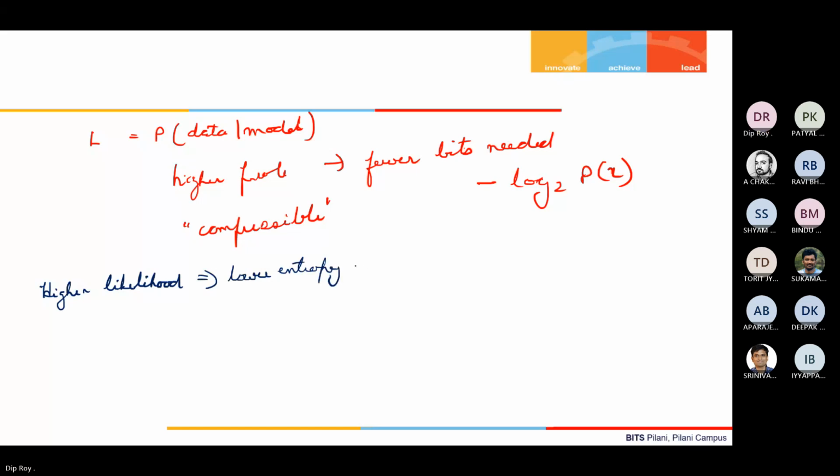Randomness is less, fewer bits, and better compression. This is the moral of the story.